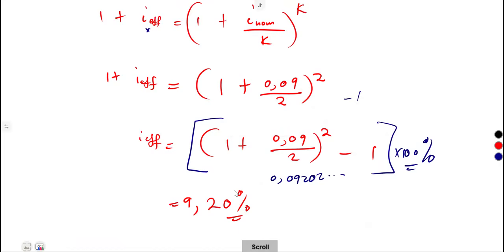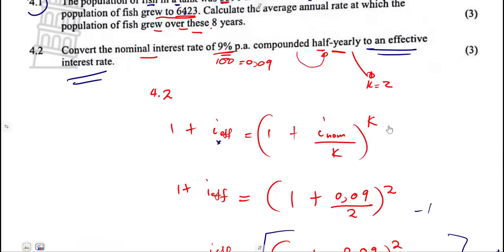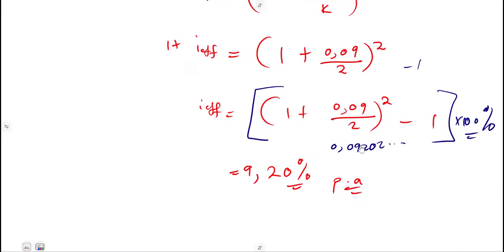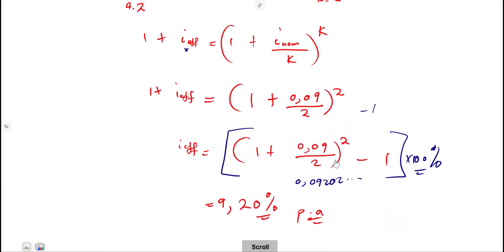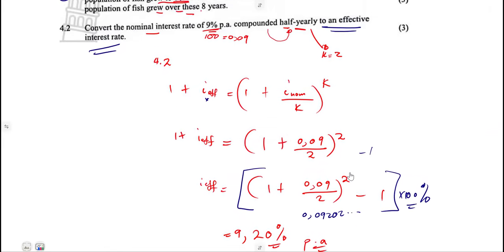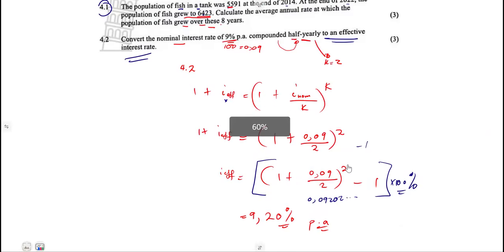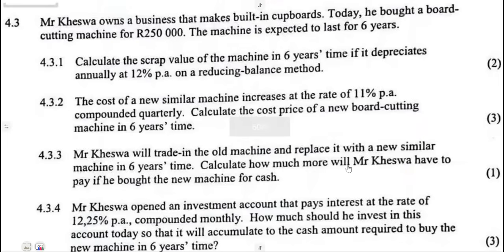The effective rate per annum. So this is per annum. So that's how these questions can be given for 3 marks. Just have to be very, very careful. Know exactly what you're given in terms of the information, then look for the formula that suits that given information.